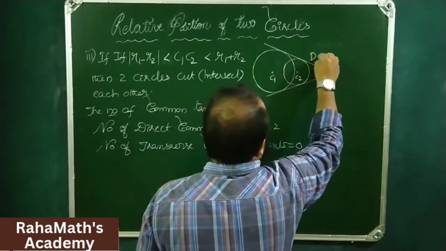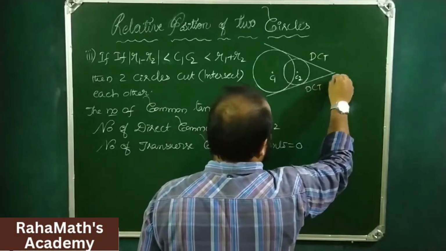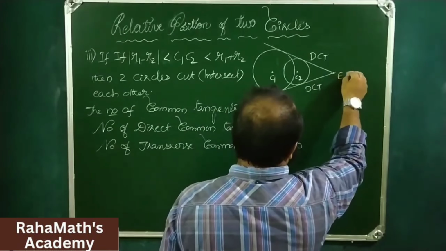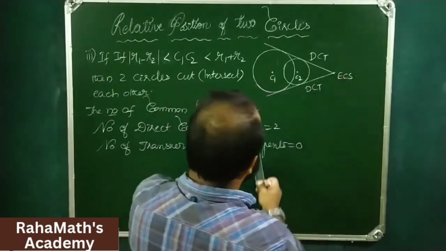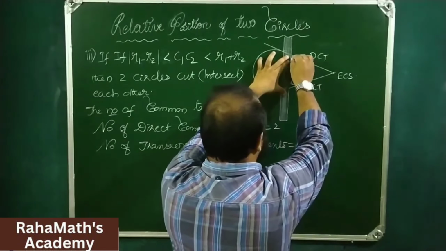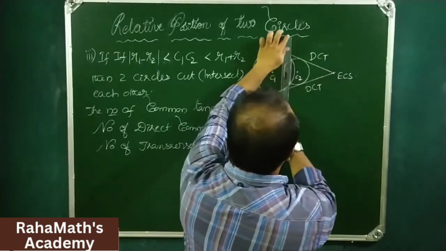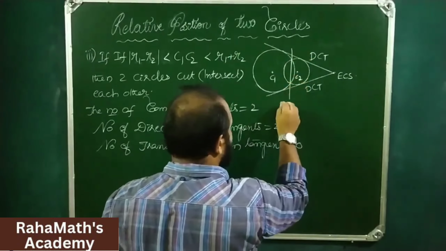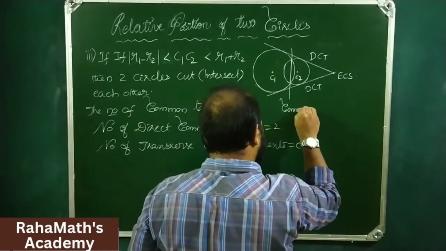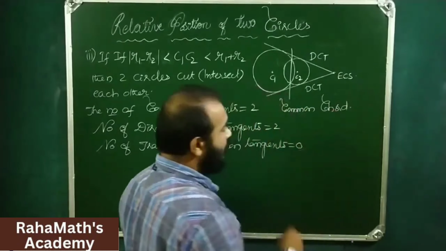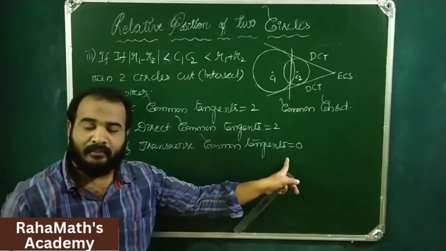Both are direct common tangents, and this point is the external center of similitude, and this is the common chord, because this is the chord common to both of them. What is this? This is the common chord. So therefore there is no transverse common tangent possible here.